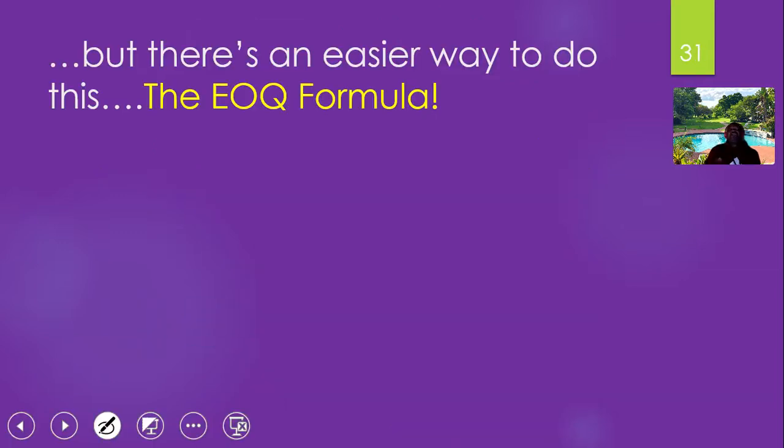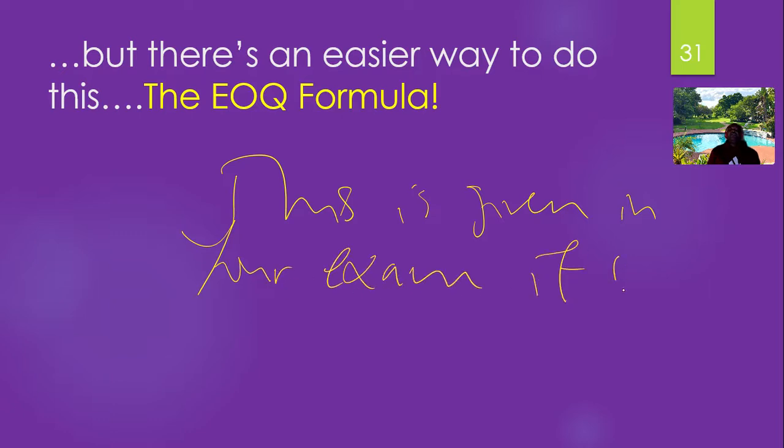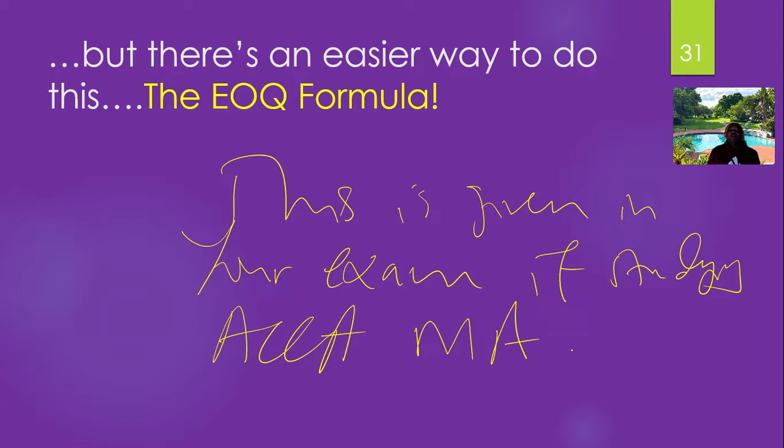But there is an easier way to do all this. We have an economic order quantity formula. This is given in your exam if you are studying ACCA, the ACCA MA paper.